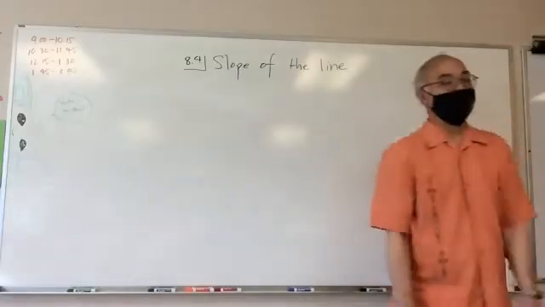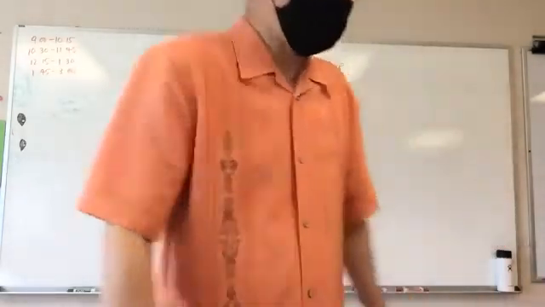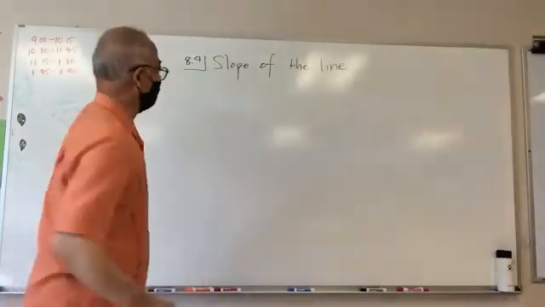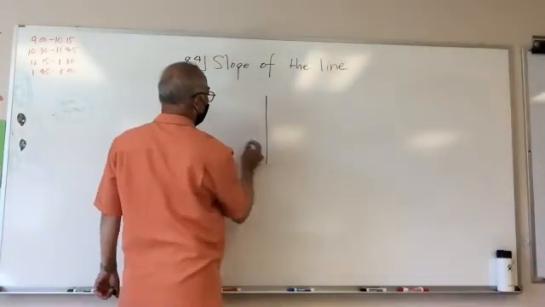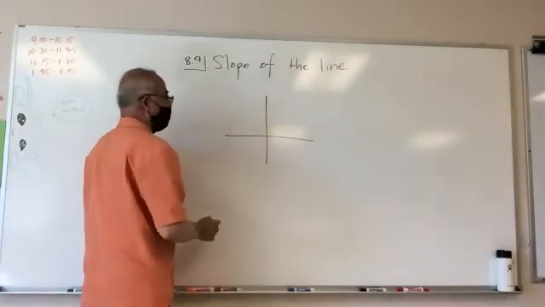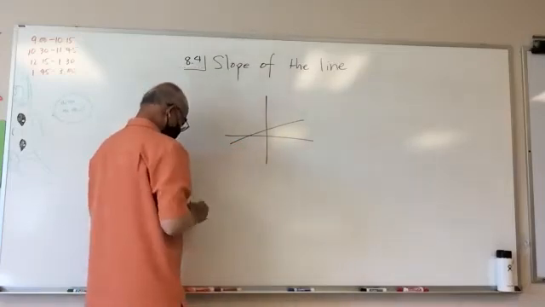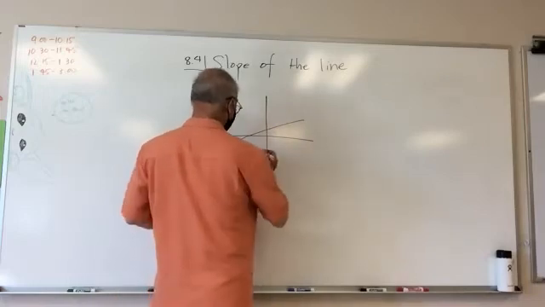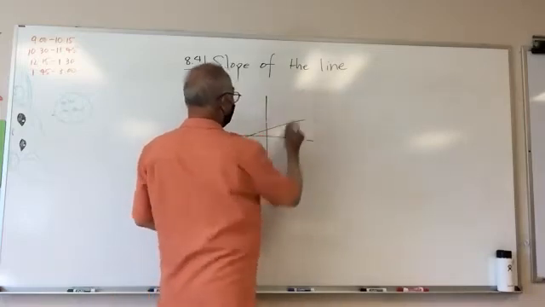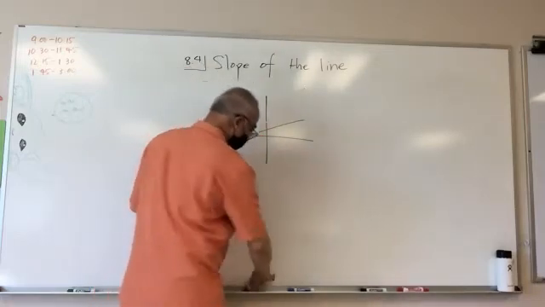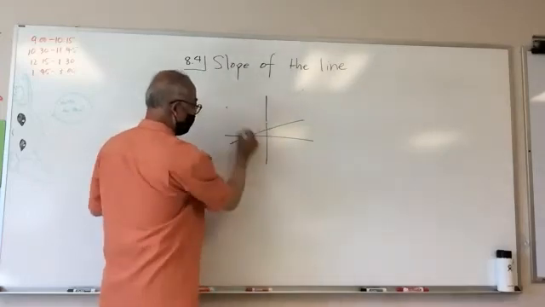Let's talk about the slope. When you draw lines, you can have all kinds of lines. They're going to look like this, and like this, and like this.